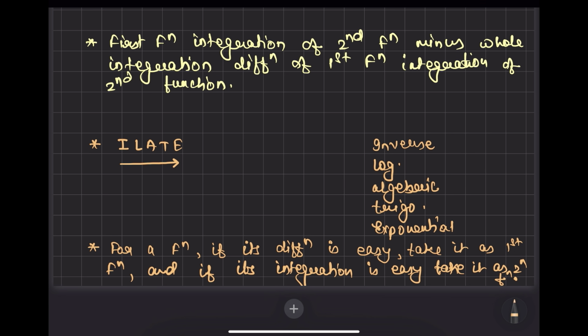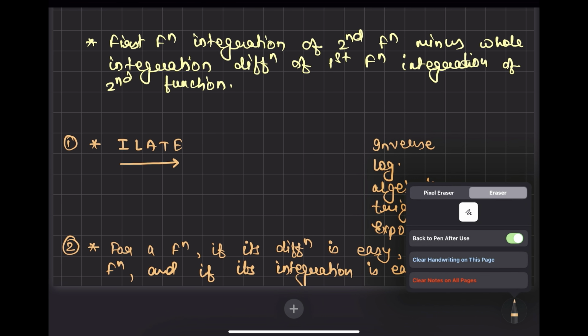Your first filter should be this, your second filter should be this. Because you may argue with me that, sir, if I talk about a logarithmic function and an algebraic function such as x square, both functions have easy differentiation and also easy integration because it is direct formula based.